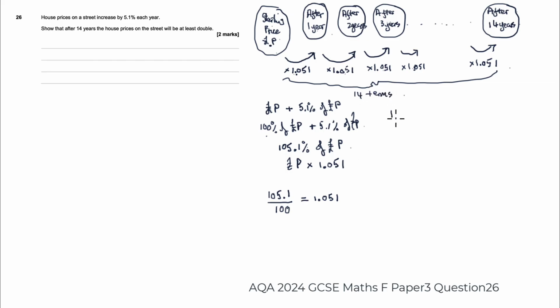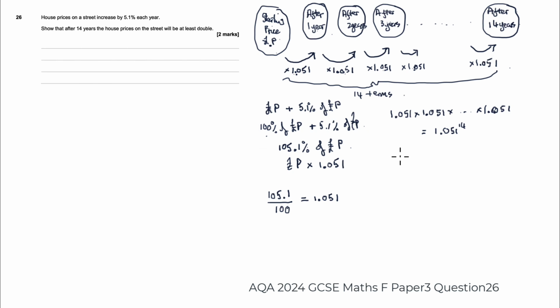And if we take 1.051 and multiply it by itself 14 times, there's a very shorthand way of writing that, and that is 1.051 to the power 14. This little index up here means we take 14 lots of 1.051 and multiply them all together. That's precisely what we've got there.